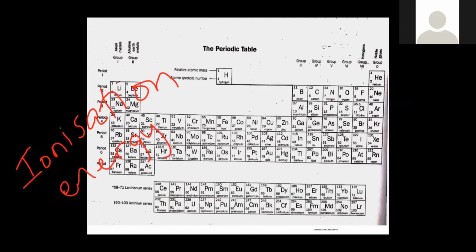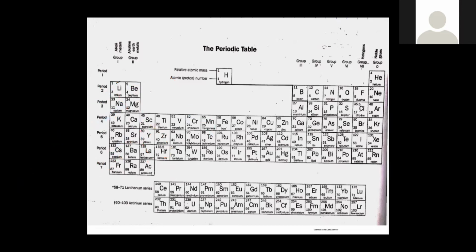Now the name is a little self-explanatory. It's the ability of that particular element to become an ion. This is where the element will actually lose an electron or 2 to become a positive ion.